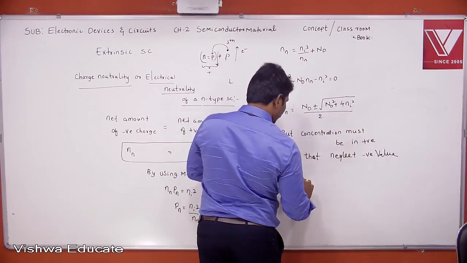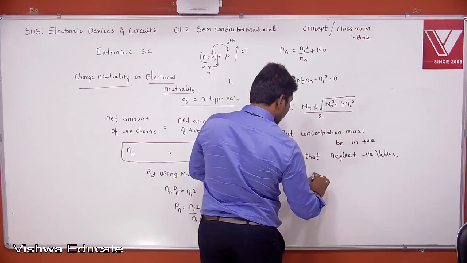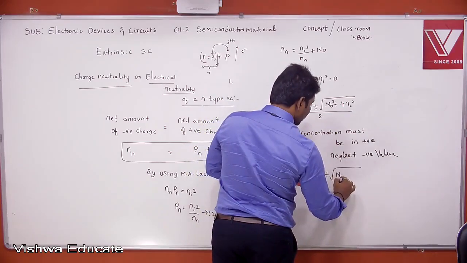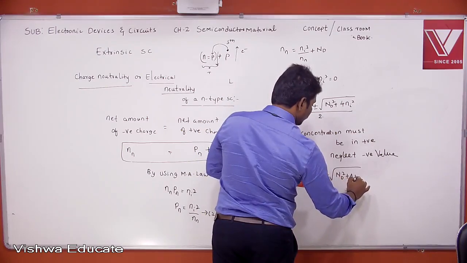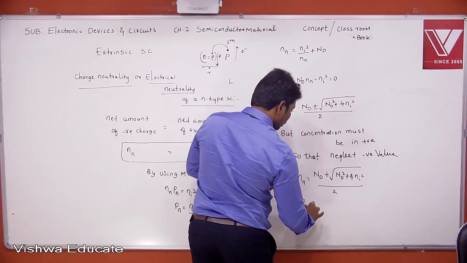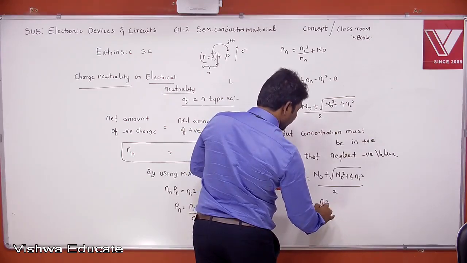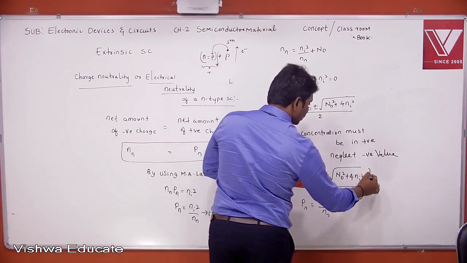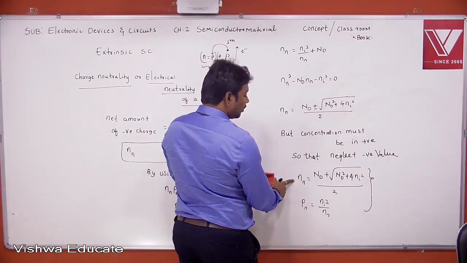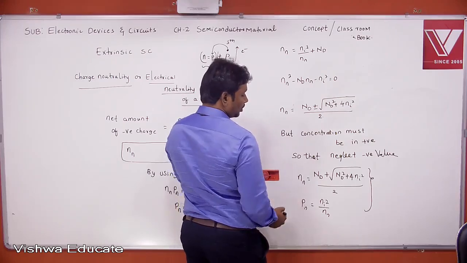Then the electron concentration is Nn equal to Nd plus the square root of Nd square plus 4 Ni square, divided by 2. And how do we calculate the hole concentration? Pn is Ni square by Nn. So with the help of these two formulas we can calculate the free electron concentration and the hole concentration.